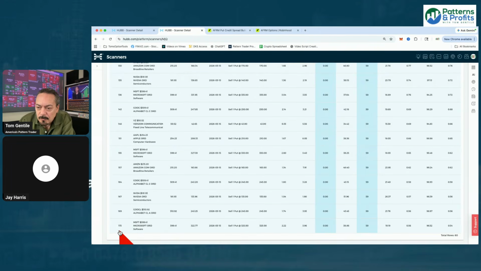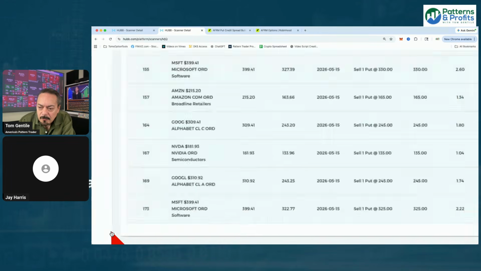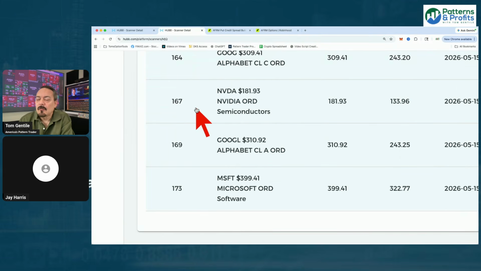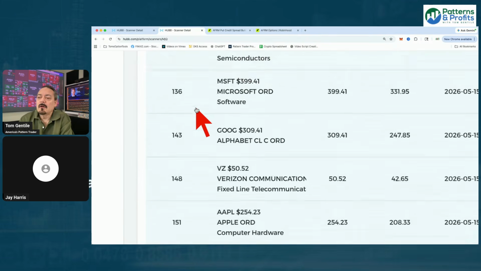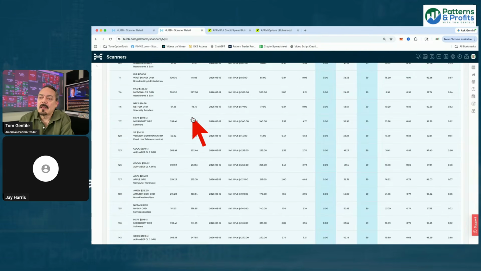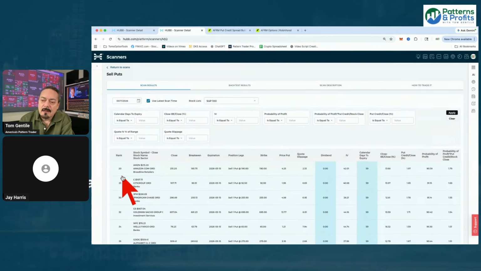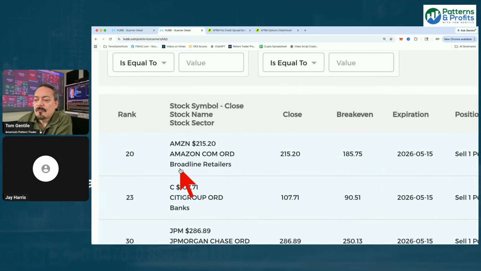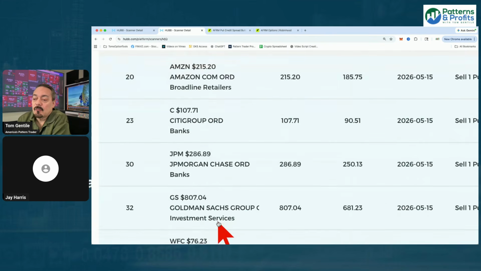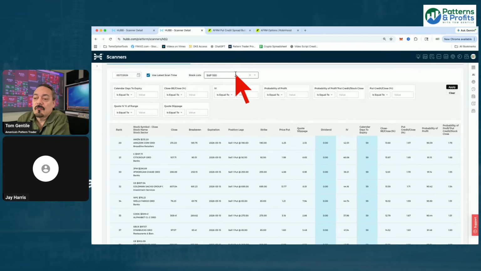I still see 173 on here, but notice it goes from 173 to 169, 167. It took those 180 stocks and ranked them. It still gave the original ranking as on all optionable stocks, but notice Amazon became the first trade in the S&P 100, then Citigroup, JP Morgan. That's one way to do it. You could change stock lists.